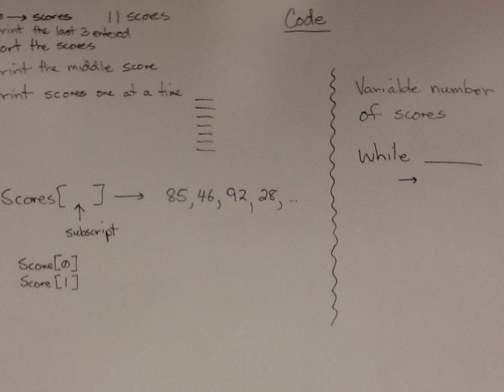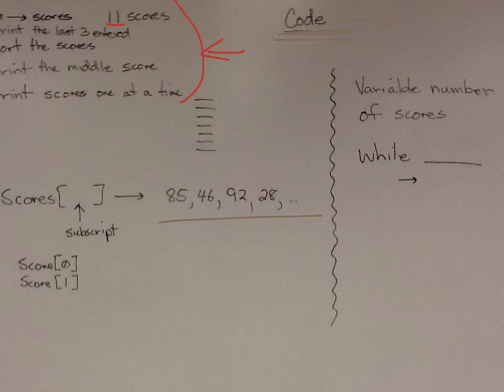So what the students did was look at some code that I showed them, and I'm going to show you the code here in a minute. And then they were going to put in the 10 scores, or 11 scores, and get it to do these particular things. Okay?